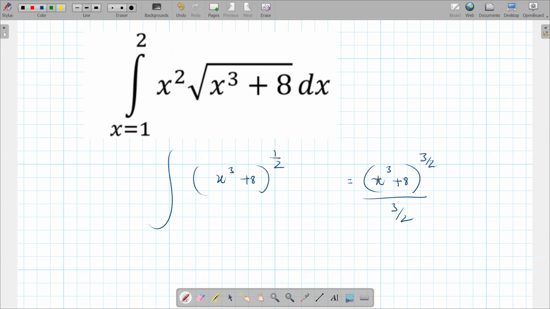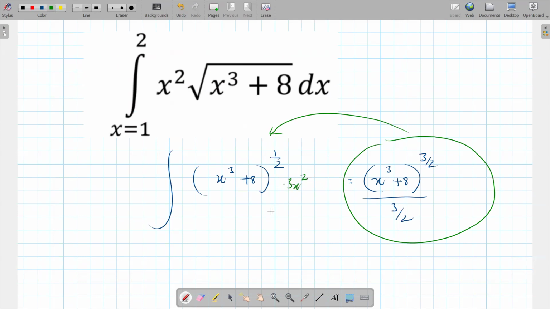If we take the derivative of this, you see on the inside, you would have 3x squared, right? The derivative of this. But right now, we haven't accounted for this. So should it be 3x squared down here?